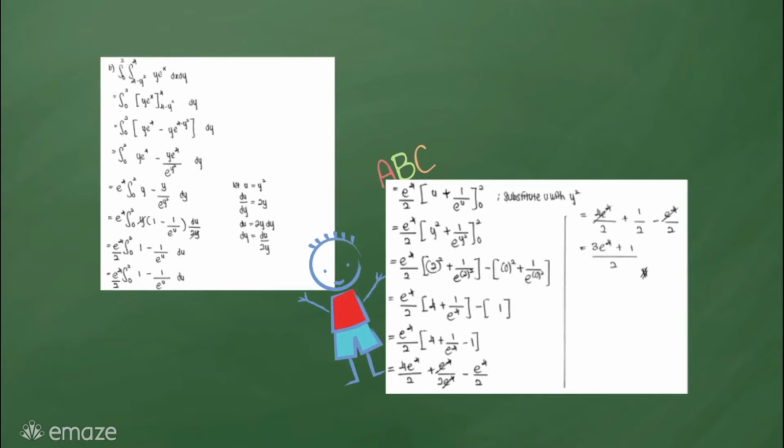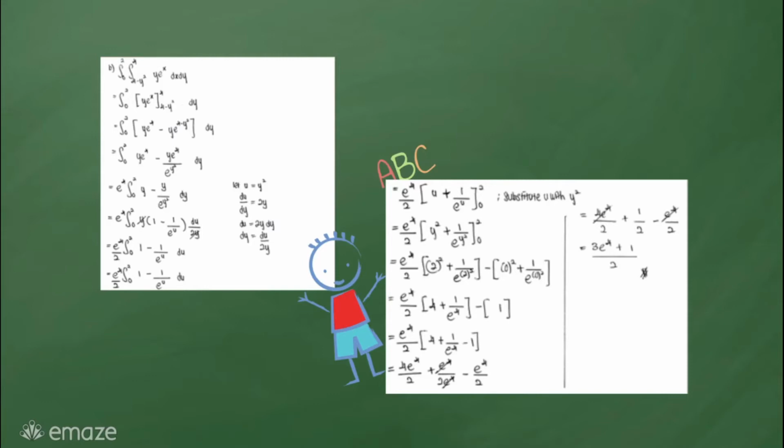First thing first, we need to integrate dx in terms of x, which is y e to the power of x. After we integrate x, we get y e to the power of 4 minus y e to the power of 4 minus y squared. Then we need to integrate in terms of y.